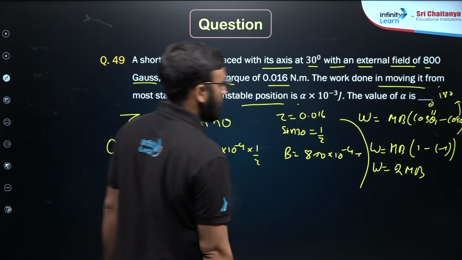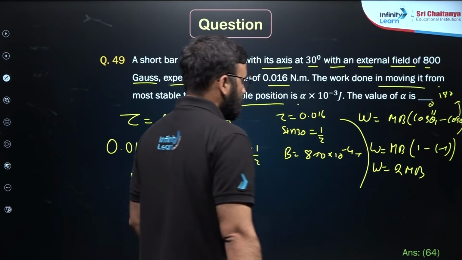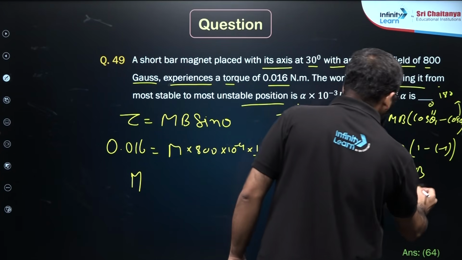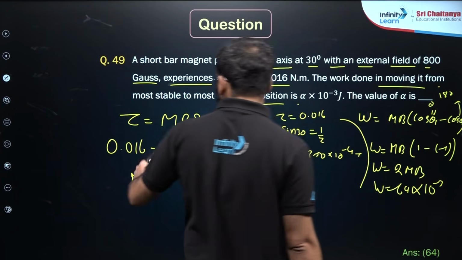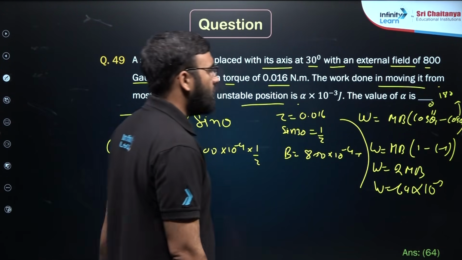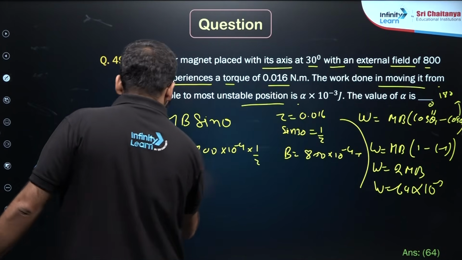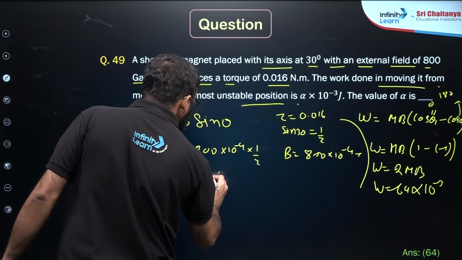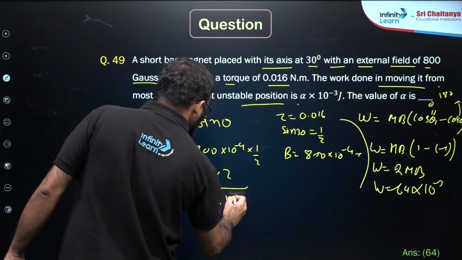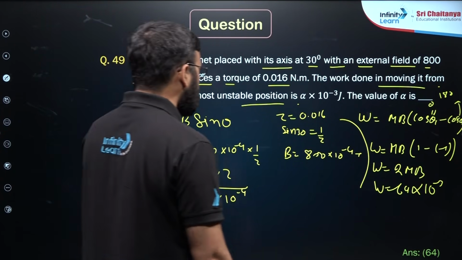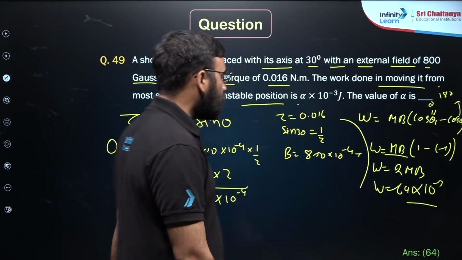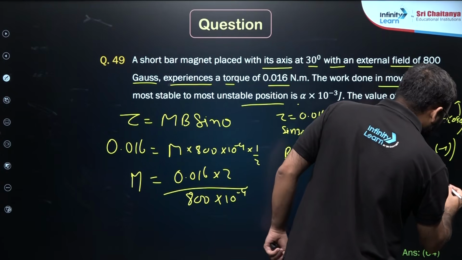So just multiply with this one. So that value you can get, 64 into 10 to the power minus 3. Okay beta, otherwise m value you can find here, m equals to 0.16 into 2 divided by 800 into 10 to the power minus 4. So just solve this one, and put the m and B value again here, and multiply 2 times mB. So 64 into 10 to the power minus 3.